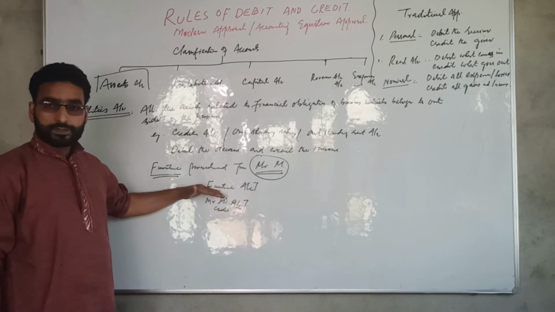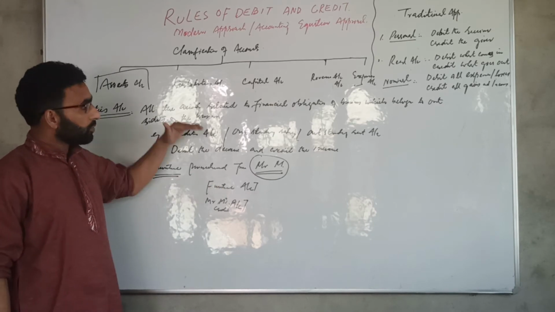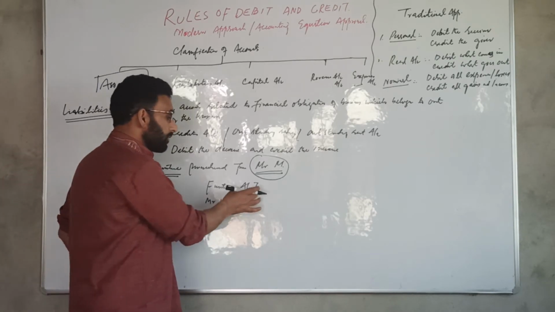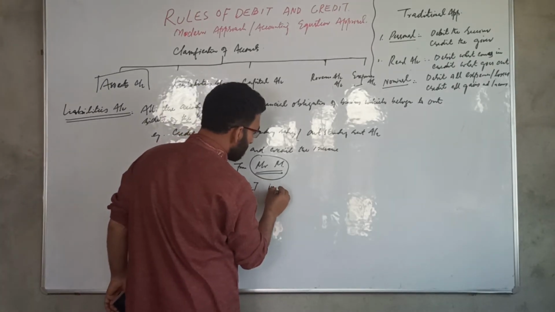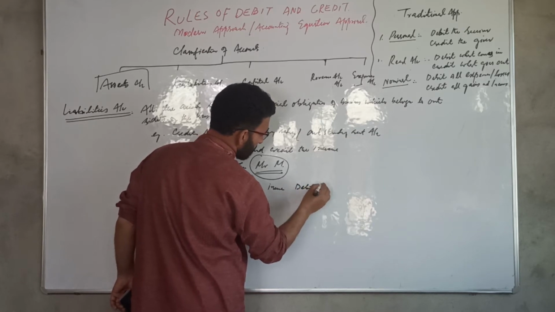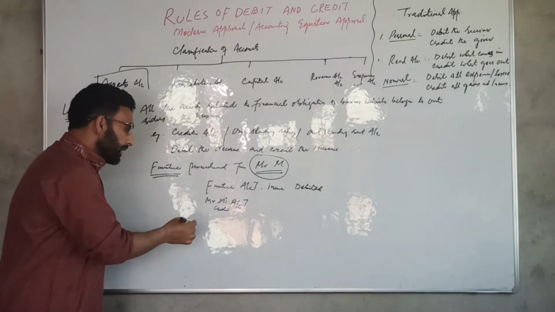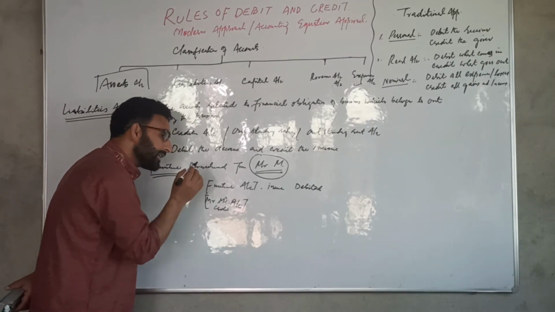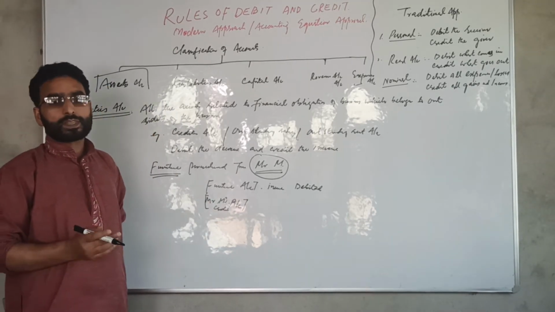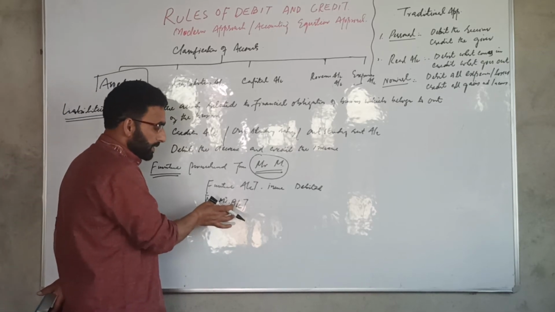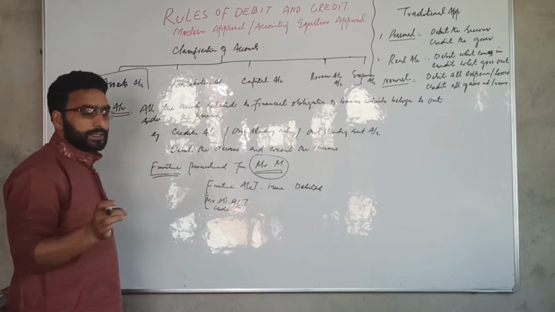Business got assets, furniture. The rule for assets is debit the increase. So the assets account has increased, so it is debited. At the same time, the business has increased its liability. The liabilities go up for the business, that is for Mr. M. Mr. M is the creditor.